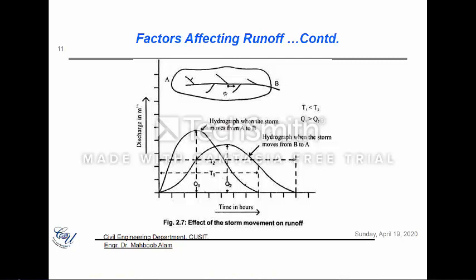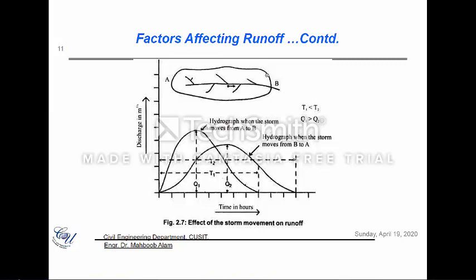reverse situation, the river direction is still this from A to B, but the storm is moving in this direction. Now, just think about it: when precipitation is occurring here, it would quickly get out of that catchment here. And then precipitation is falling here, after some time it is falling here, after some time it is falling here, and the runoff resulting from this precipitation will take some time to reach here.